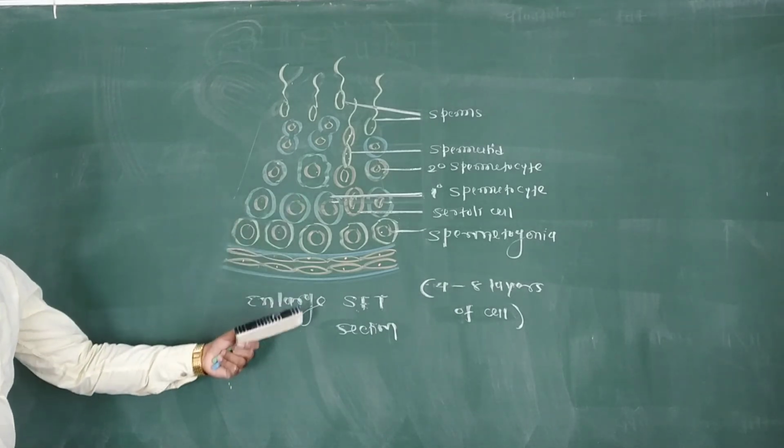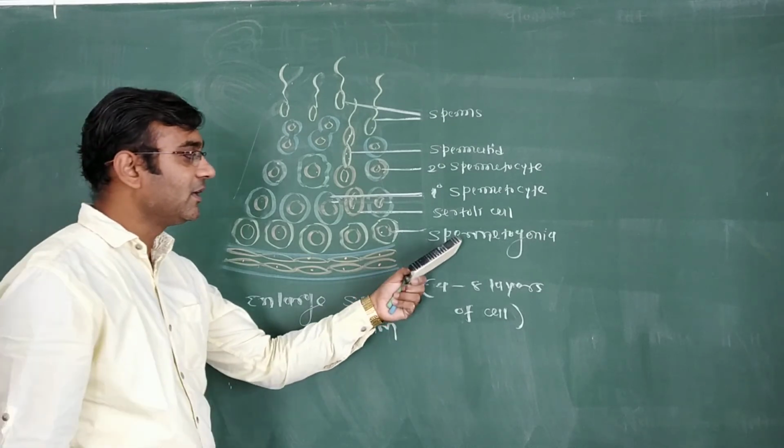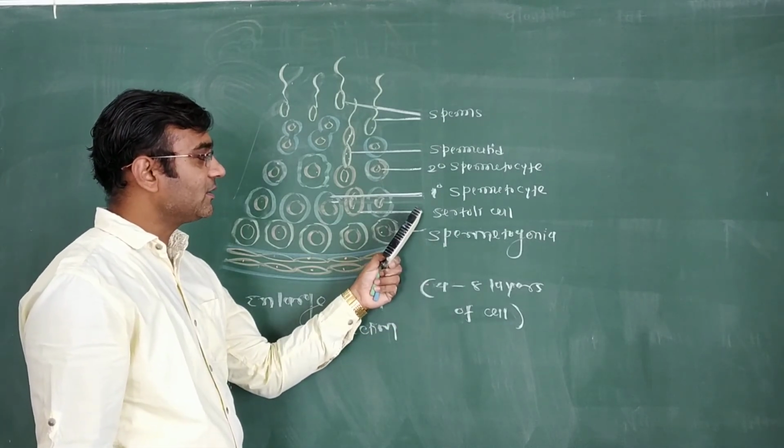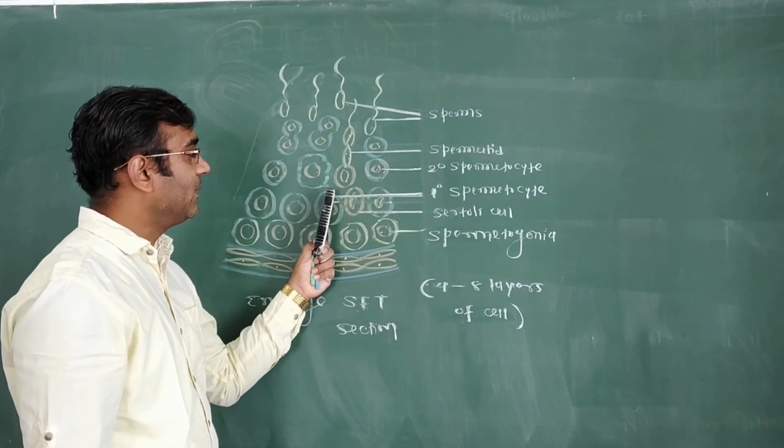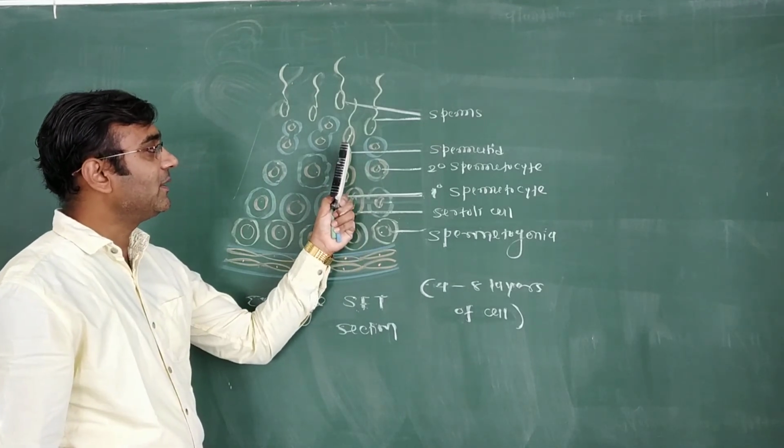So this is the section of the seminiferous tubule representing the arrangement of spermatogonia, Sertoli cells, primary spermatocytes, secondary spermatocytes, spermatids and sperm.